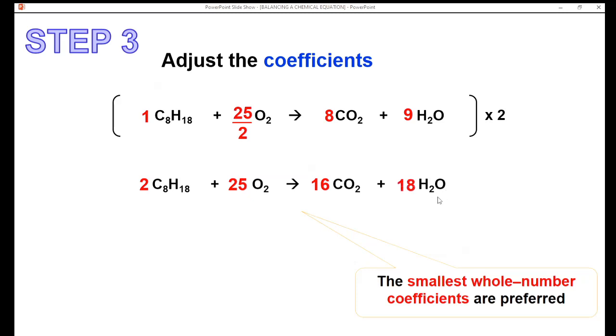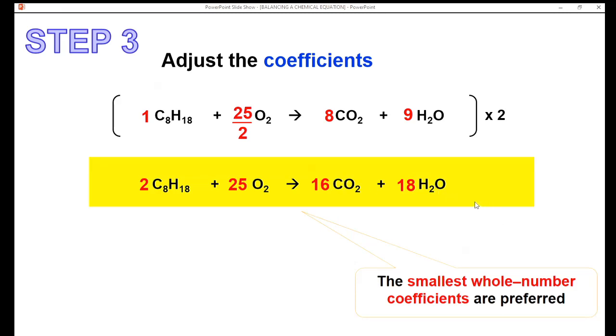Remember, whenever we multiply the whole equation, all of the coefficients will multiply with the same number. What do we get here? We have 2 moles of octane, 25 moles of oxygen, 16 moles of carbon dioxide, and 18 moles of water.